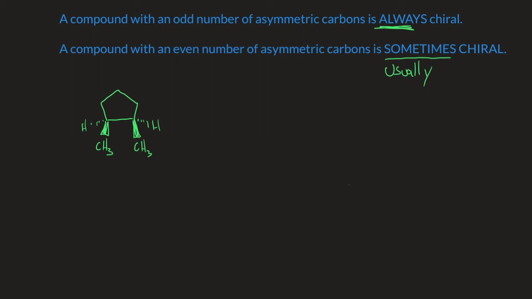In this molecule, both this carbon and this carbon are asymmetric. They have 1, 2, 3, 4 different groups attached to them. And so if a carbon has 4 different groups, it's asymmetric.